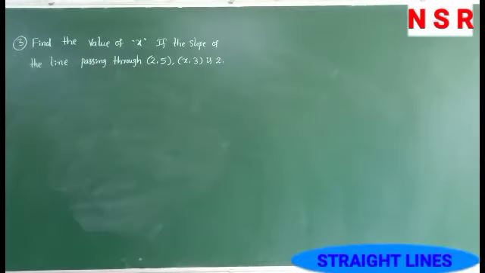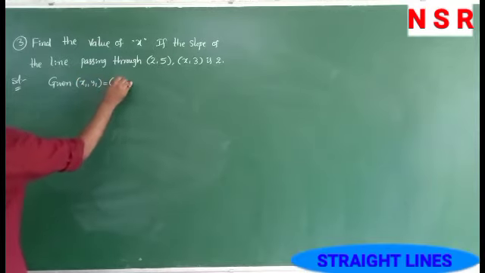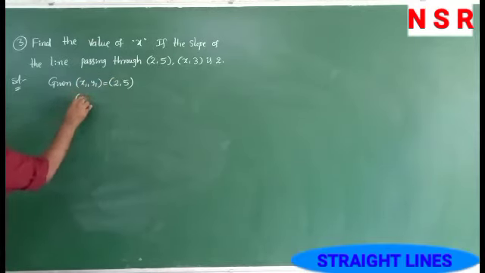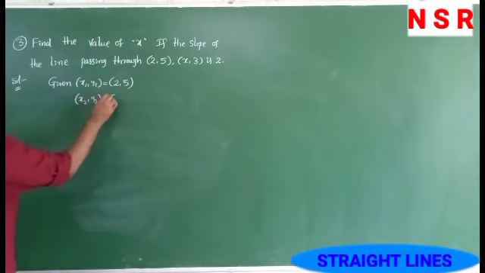So next, question number 3. Find the value of x if the slope of the line passing through 2 points is 2. Here the slope value, m value, is given. So here we need to find the x value. So given x1, y1 equal to 2, 5 and x2, y2 equal to x, 3.